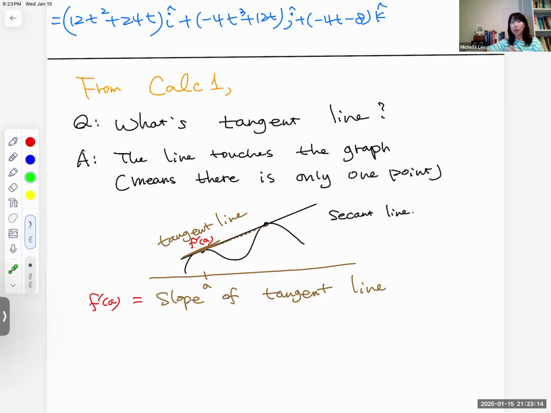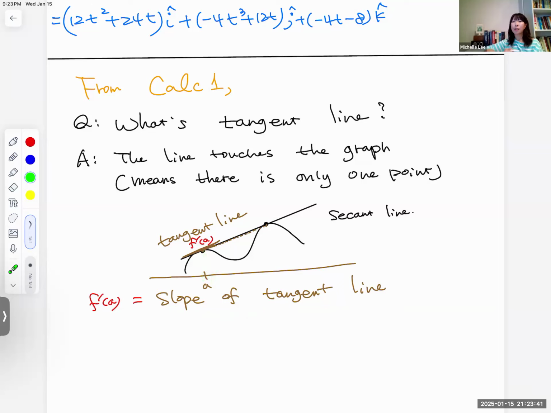So the tangent line touches the graph at only 1 point. Then we can say that the derivative at the point, let's say that point is A, is the slope of the tangent line, right?